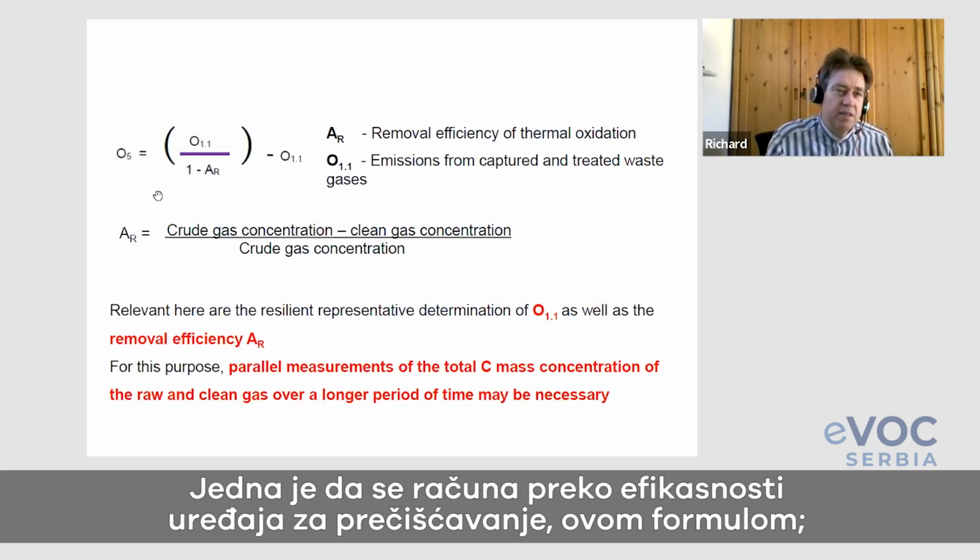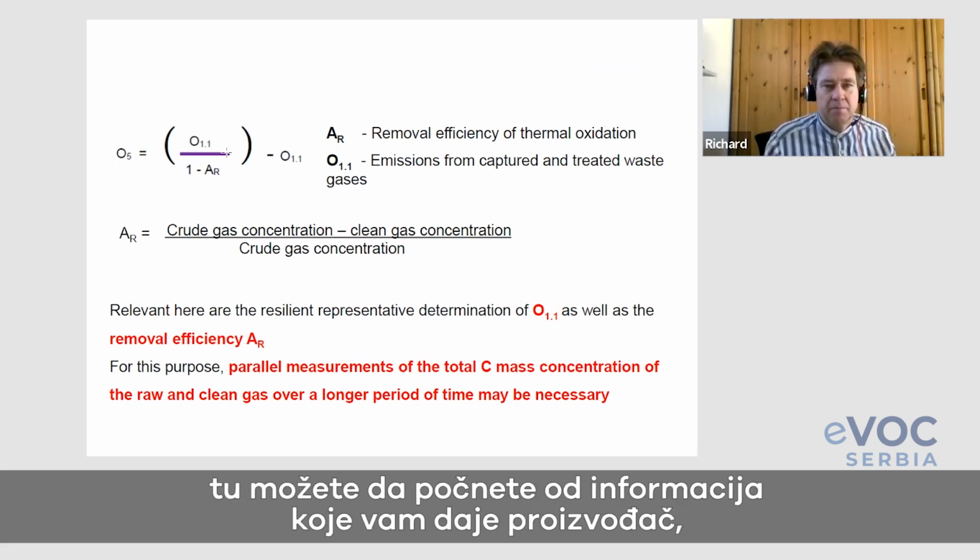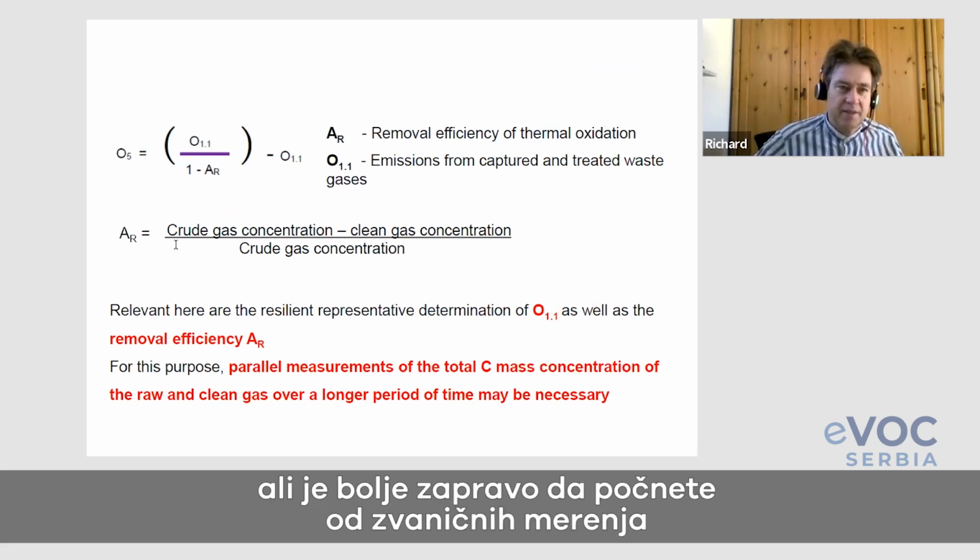One option is that you calculate it by the efficiency of your waste gas abatement by this formula. And this efficiency, maybe you can start with the information that the manufacturer has given to you, but it's better to do the determination during the official emission measurements.